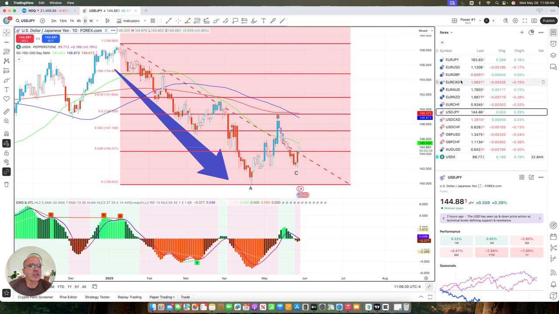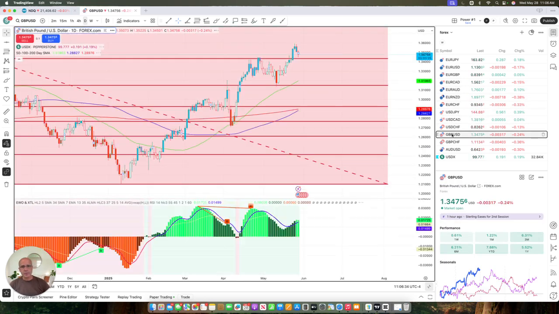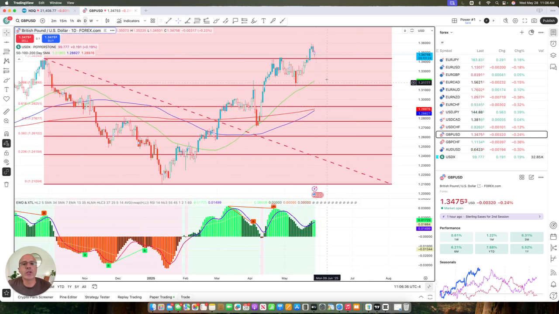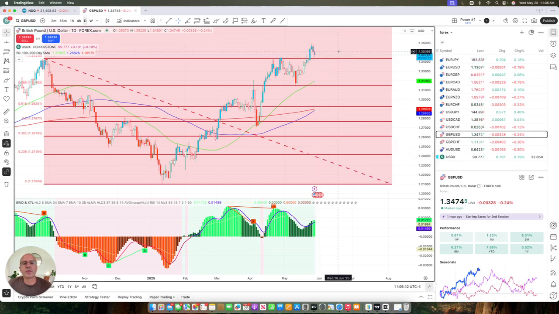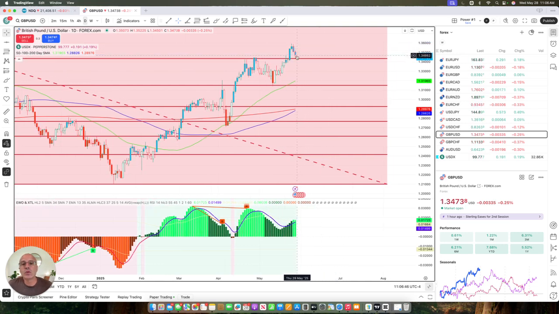Okay, so the next one is going to be the GBP/USD. Same thing, you see the GBP/USD. Let me just remove that from there. So the GBP/USD is coming down too with a nice follow through. We have this bar the day before, break the low.